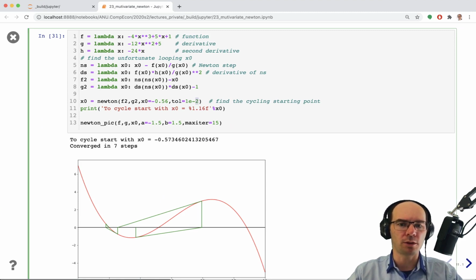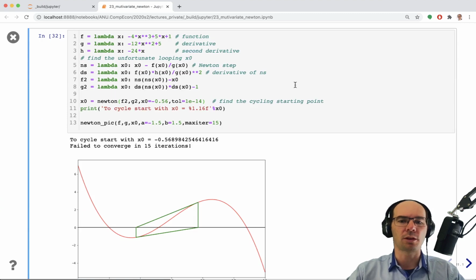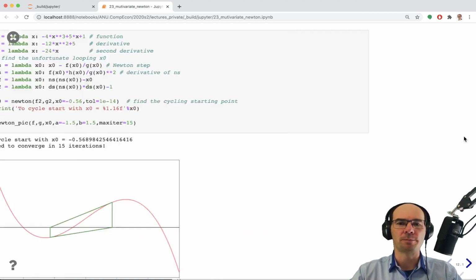So if the tolerance is not high enough, then the solver for the initial condition for looping is not accurate enough, and then we don't get any loop, right? So in order to get nice results, you really need to crank up the precision of the solver for the point from which the Newton method would cycle. Well, again, as you can see, this is a pretty special case, but it is not impossible. Newton may cycle.